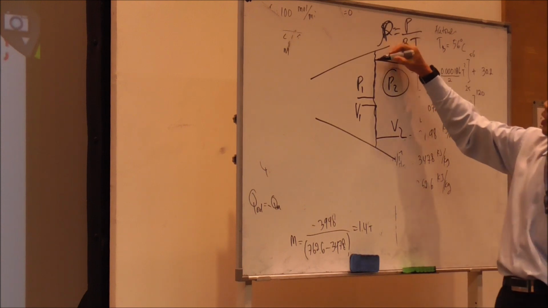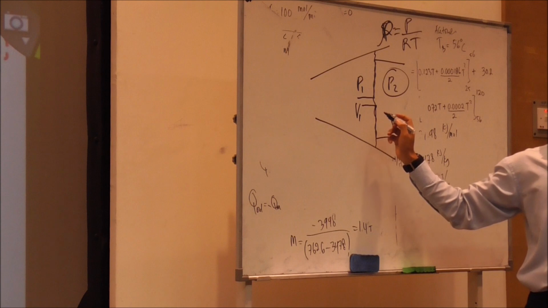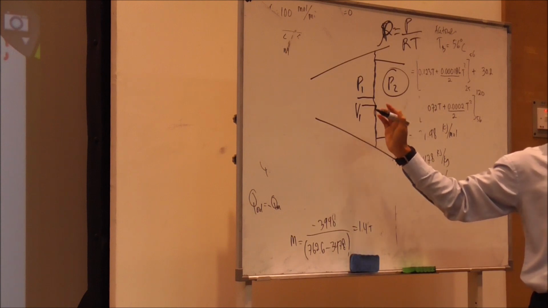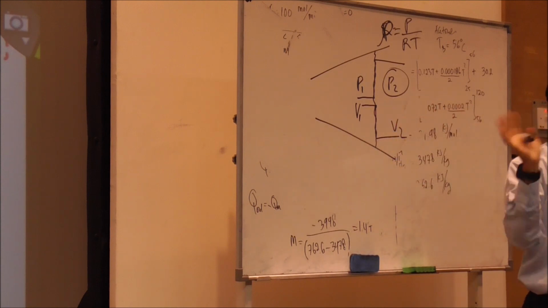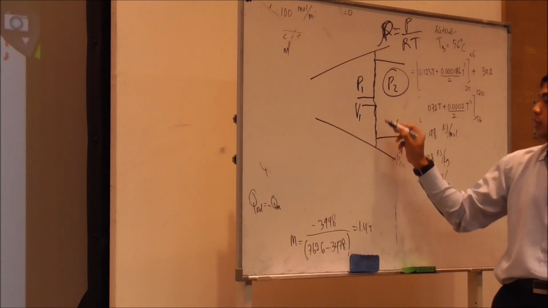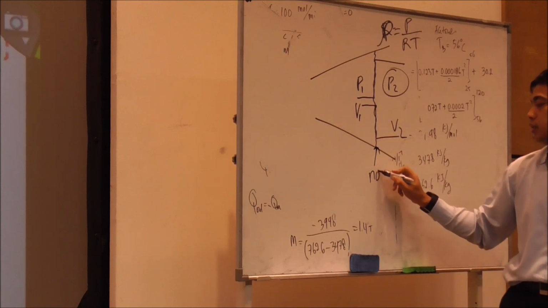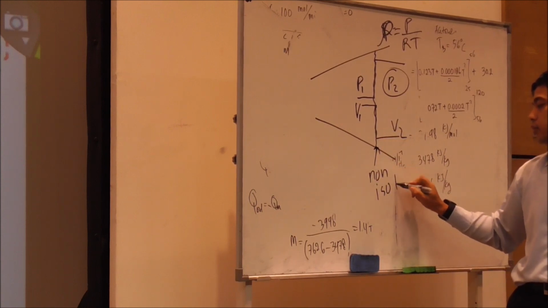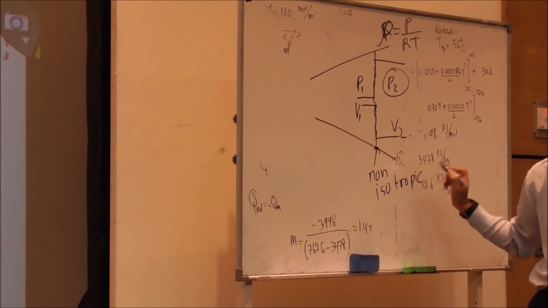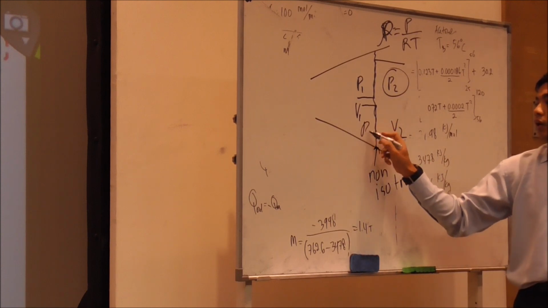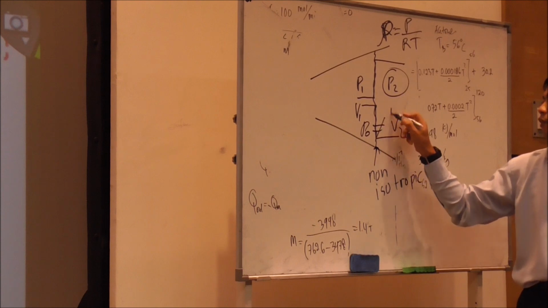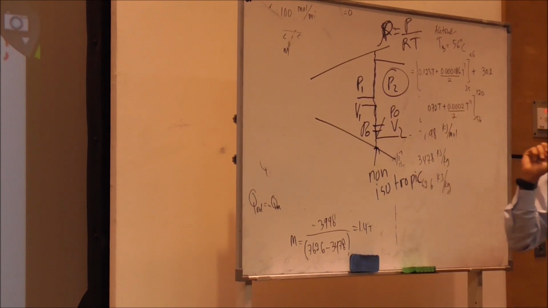Okay, this normal shock, when you have this normal shock, your isentropic condition is no longer valid. This is non-isentropic. So P naught over there will not be the same as P naught over there.